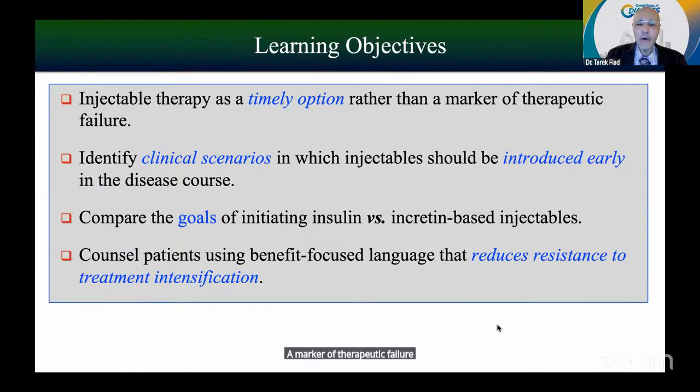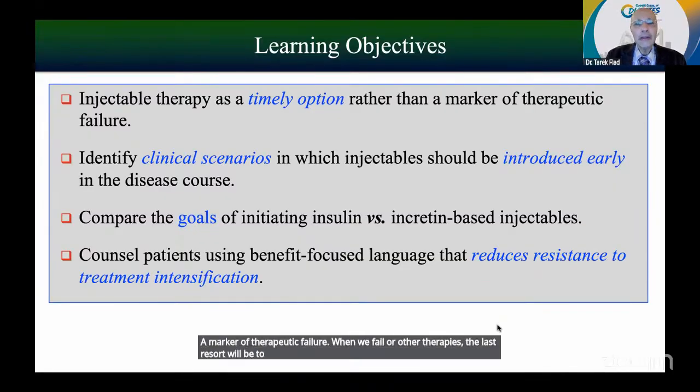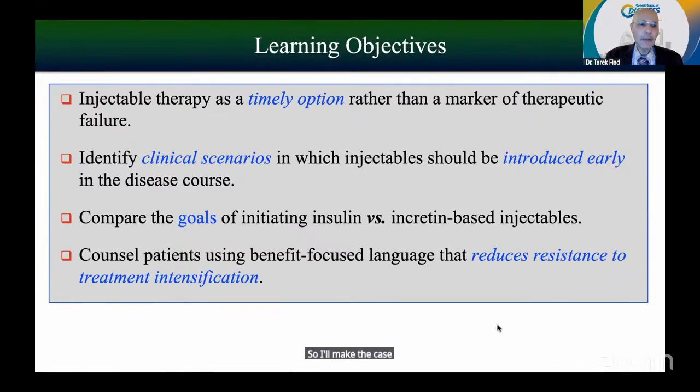When we fail all other therapies, the last resort will be to throw this therapy to the patient. So I'll make the case for timely therapy. And then identify clinical scenarios in which injectable therapy should be introduced early. The word should be is key here, and early is another key word here.